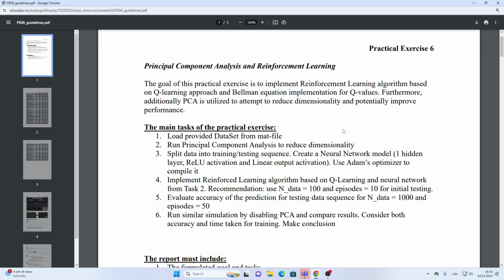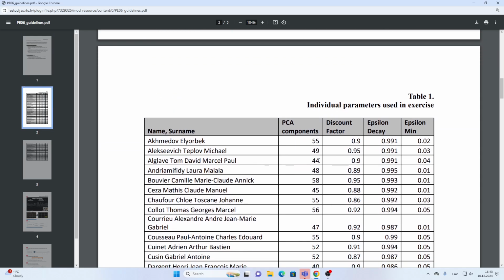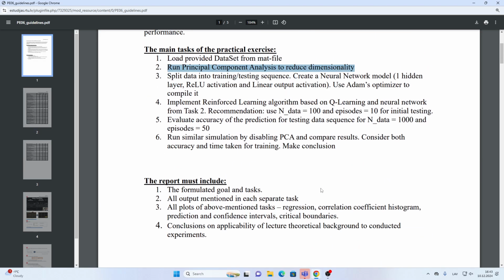So what is our task about? The first task is to simply load the dataset, which we are already familiar with. Then we plan to use PCA, principal component analysis, to reduce the number of dimensions. So we originally have 400 dimensions, 400 pixels for each picture. We hope to reduce this number to whatever is specified in your individual parameters, 55, 49, 44, 48, and so on.